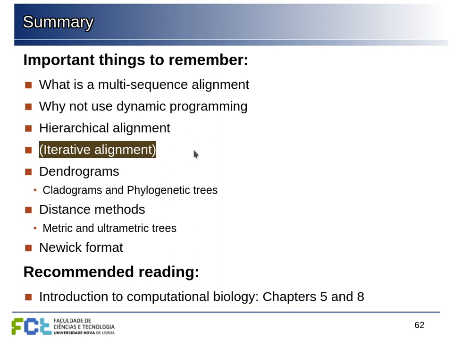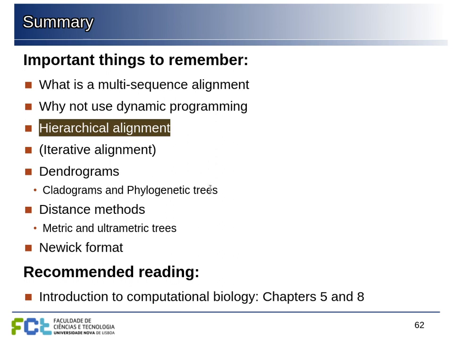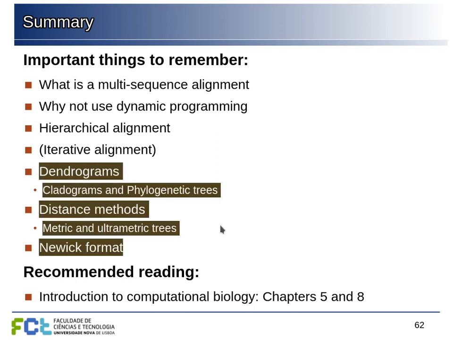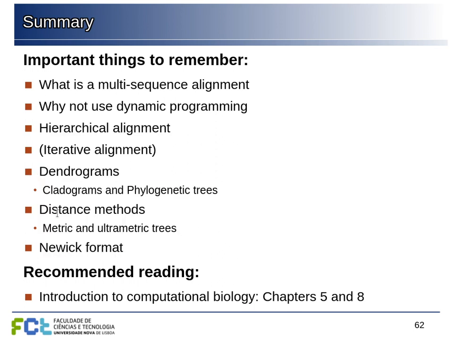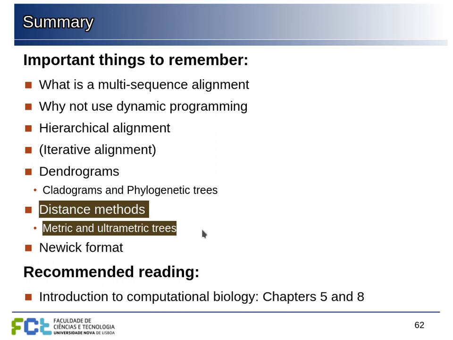But the general algorithm is the same. So in the next lecture, we're going to focus on this hierarchical or progressive alignment. The phylogenetic trees, we compute them, in this case, usually with distance methods. There are other methods for computing phylogenetic trees, but when you're dealing with sequences, these are the more practical.